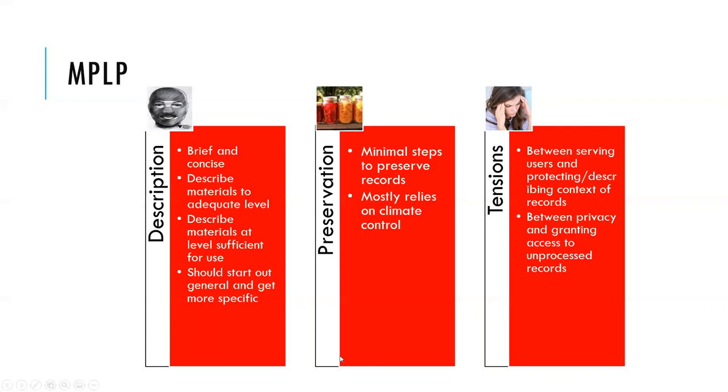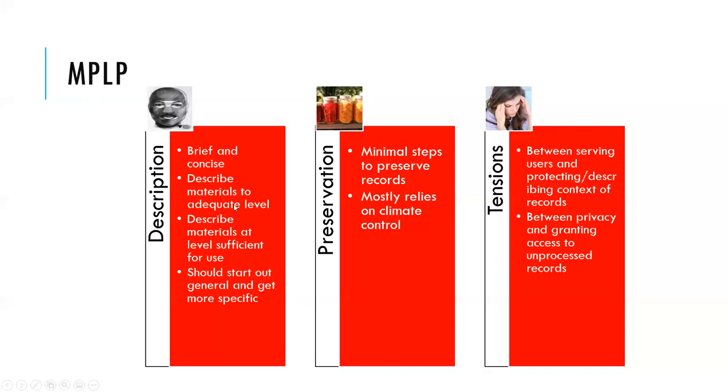A couple of these other terms are pretty problematic. So describing materials to an adequate level. What's adequate is really going to differ from researcher to researcher and from the needs that different researchers have. Some people may need materials described really deeply because they're trying to do research for a book or a thesis.